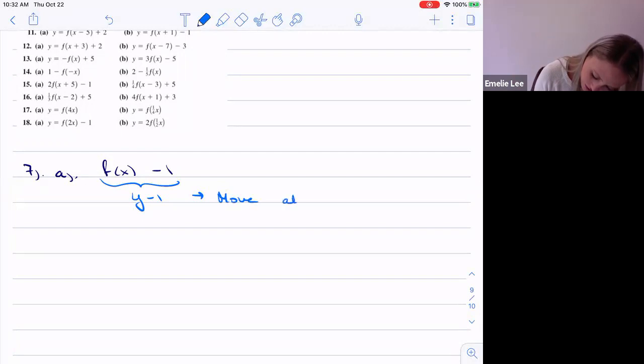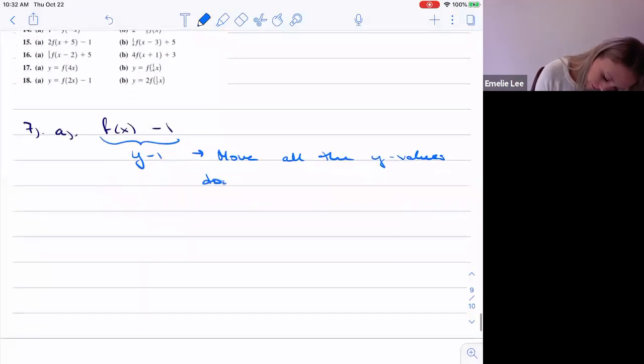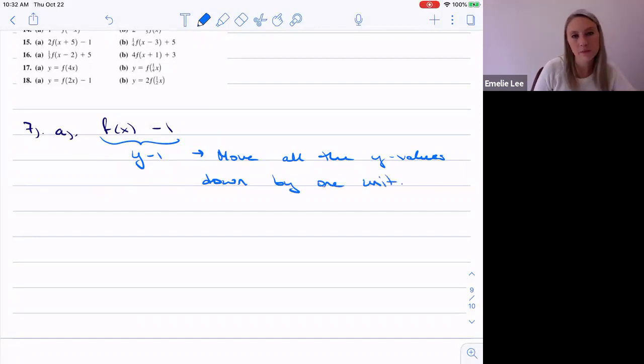Move all the y values down by 1 unit. Minus 1 moves it down, because remember, vertically, the y values behave the way you think they will. The x values are the rogue ones, and they do the opposite of what you want them to do, at least for me.